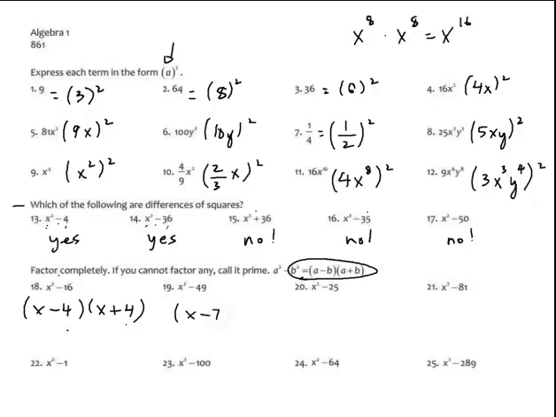X minus 7, x plus 7, x minus 5, x plus 5. I usually put the minus first, but it doesn't matter. X minus 9, x plus 9.